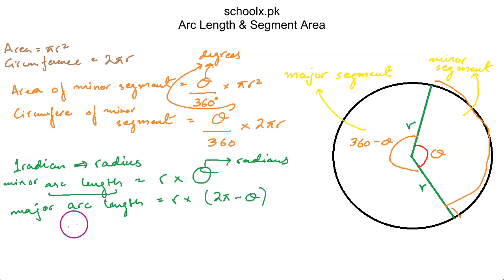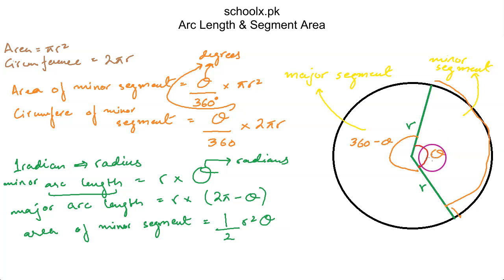So now if I want to find the area of the minor segment, if the angle is in radians, the area of the minor segment or sector will give this formula: half times r squared theta, the angle of the minor segment.